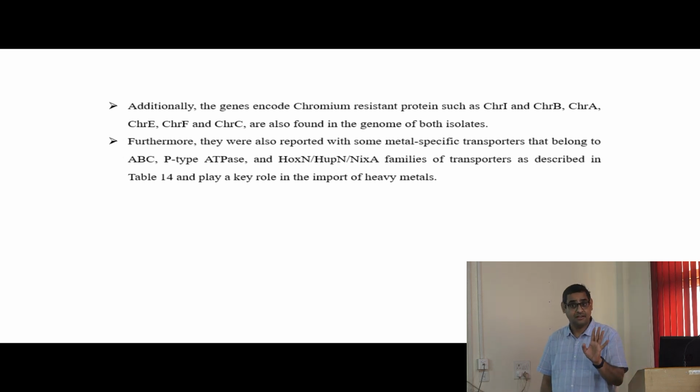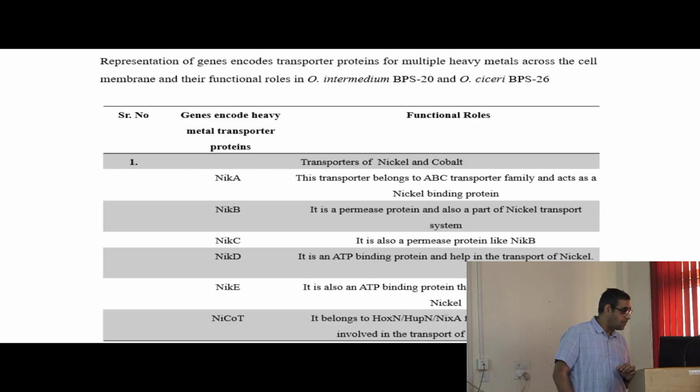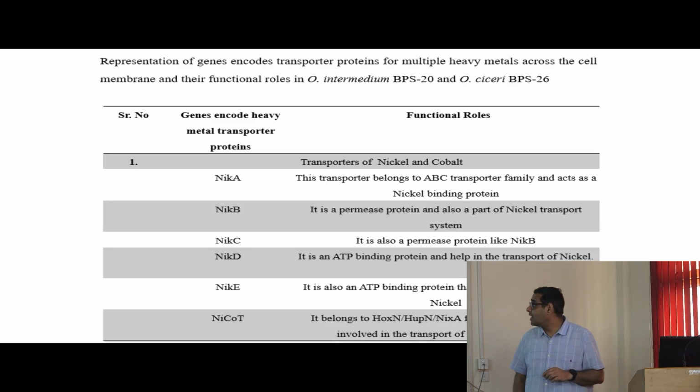We have not yet studied all the transporter genes. Okay, so we have not studied. So these are the transporters, and table 14 I am referring here. So this is the table 14, I think. Okay, and you can see these are the specific genes and heavy metal transporter proteins.